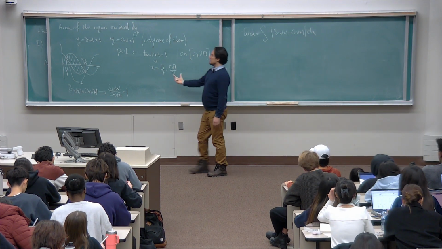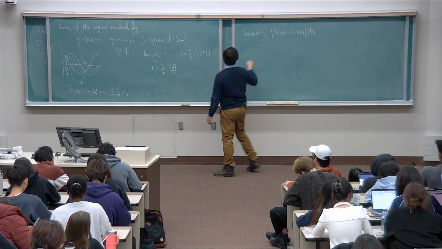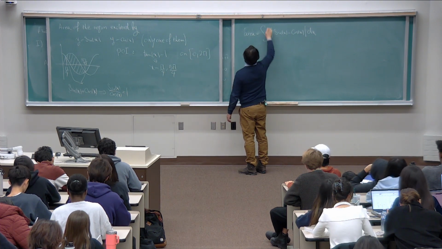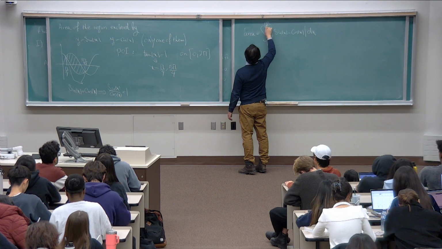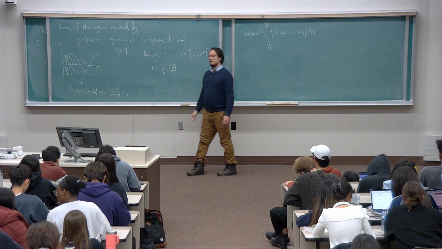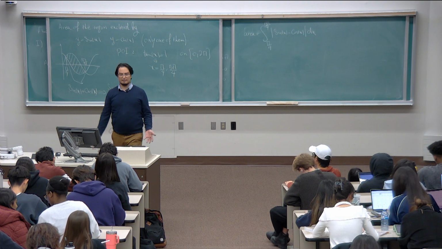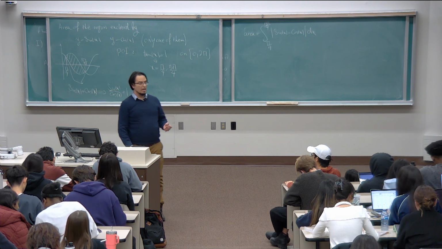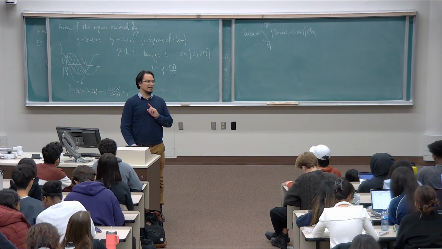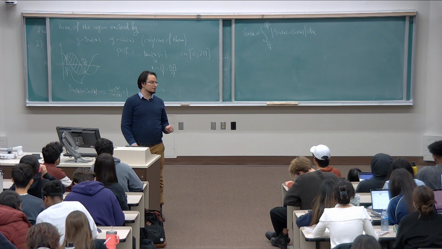What are the limits? The limits are the points of intersection. And then you try to evaluate that integral. I'll write one more step, and then I'll leave the evaluation of that integral to you.